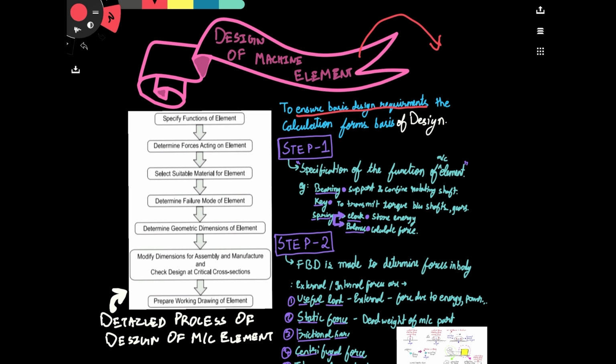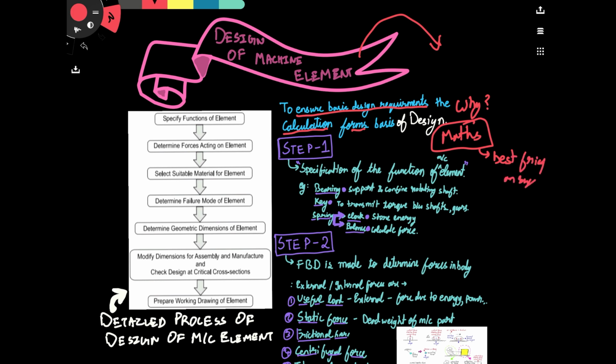And for that the calculation forms the basis. So why is it so? As I already told you in previous lectures also, mathematics is the basic tool. I could also say that it's the best friend of an engineer.